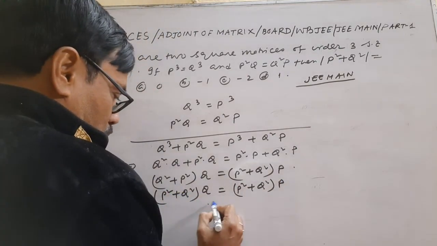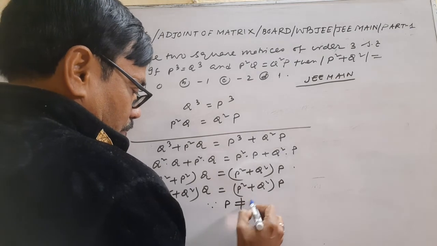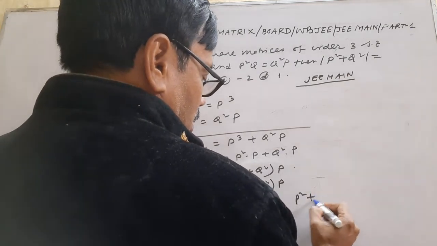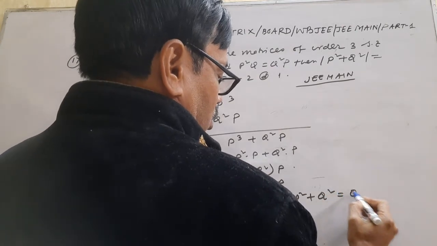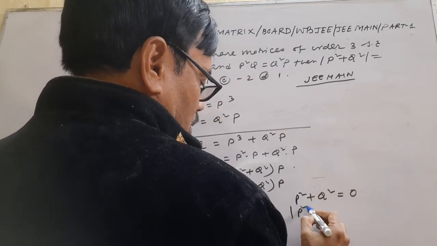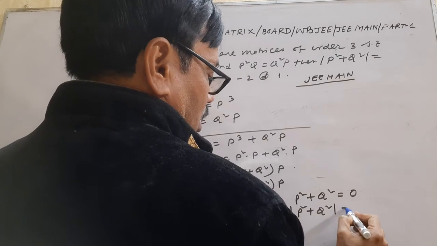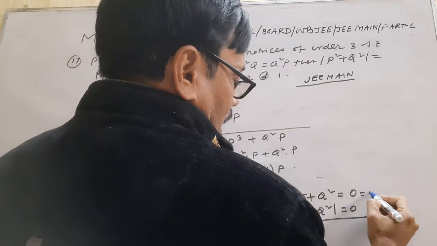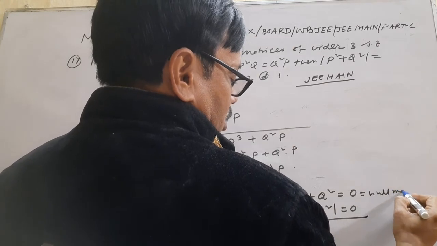Now since P not equal to Q, therefore there is only one option. P square plus Q square equals to null matrix. So what is determinant P square plus Q square? The value is null, this is a null matrix.